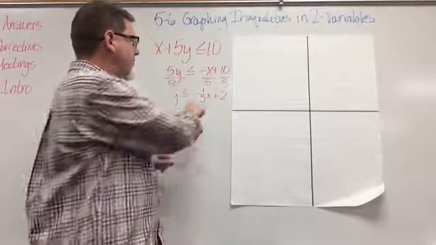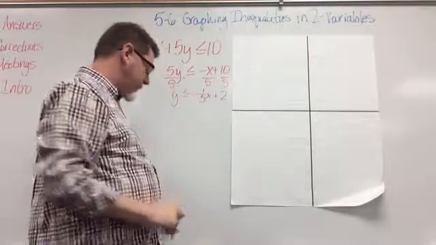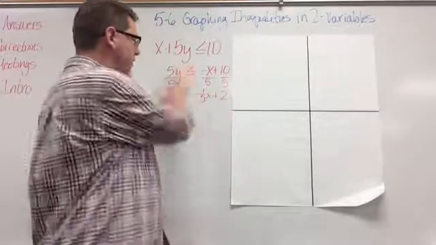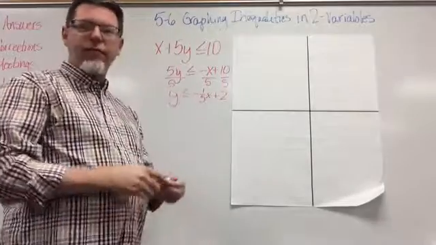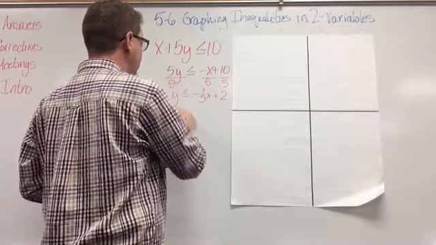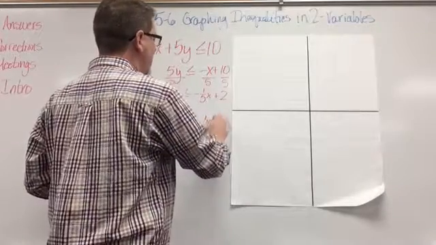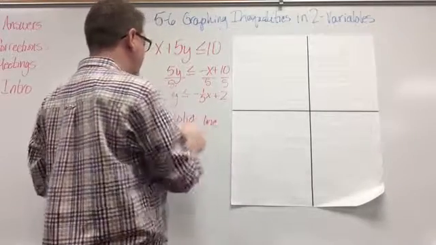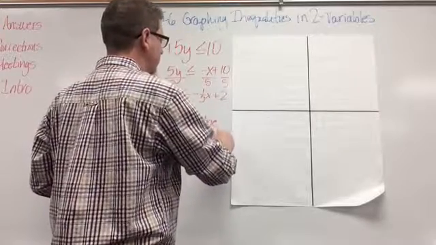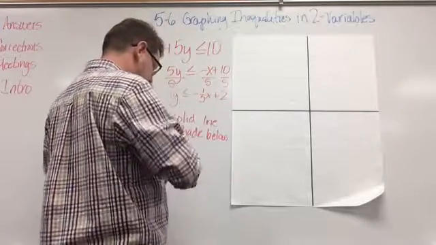And now that I have y is less than or equal to negative 1/5 x plus 2, I can now use this information to graph it. So I know from the less than or equal to that I'm going to have a solid line, and I'm going to shade below. Okay?